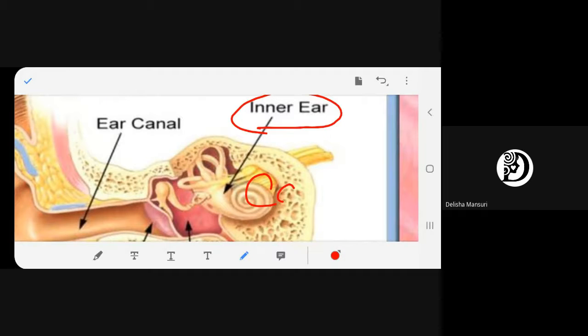See, this is the cochlea. What is the function of the cochlea? It converts sound into electrical signals. Now, these signals are carried to where, beta?